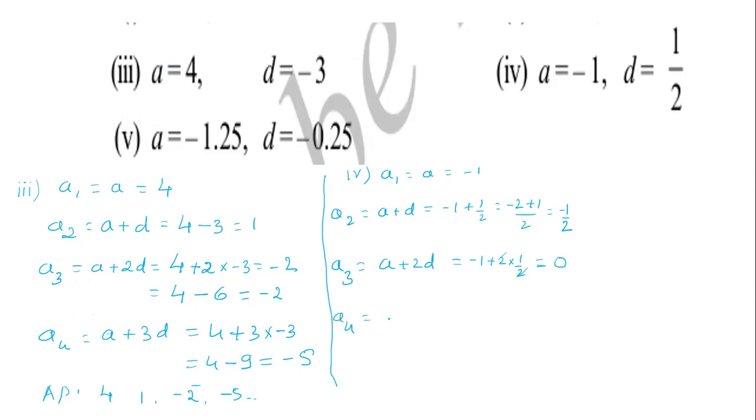A4 is equal to A plus 3D, minus 1 plus 3 into 1 by 2, this is 1 by 2. The AP is minus 1, minus 1 by 2, 0, 1 by 2, and so on. Common difference D here is 1 by 2.